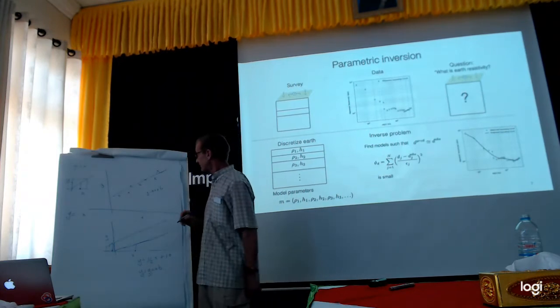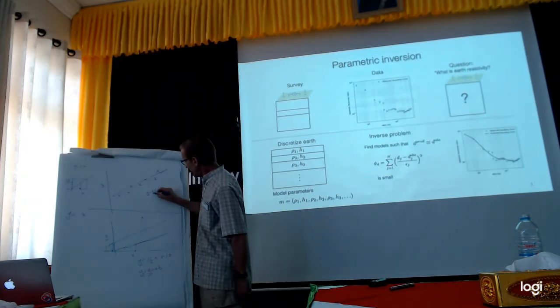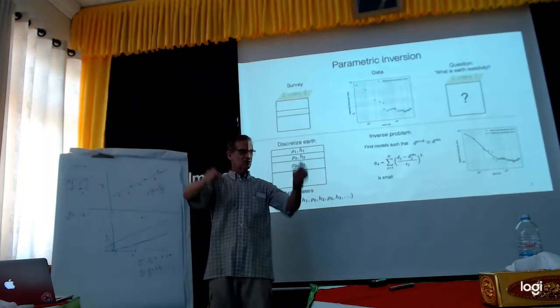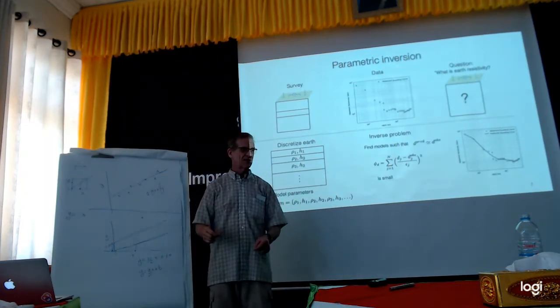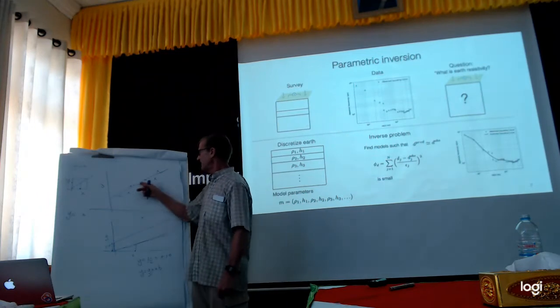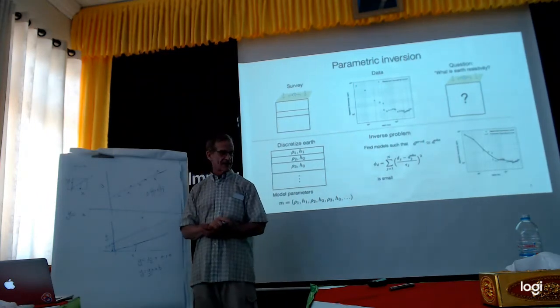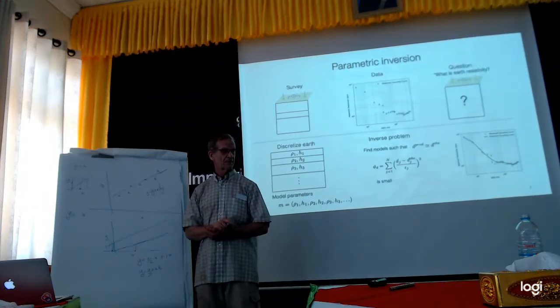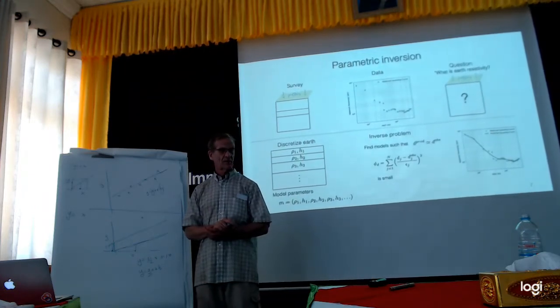And so my parameters are a and b. I'm going to adjust my parameters until I have a line that goes through these data. Okay?